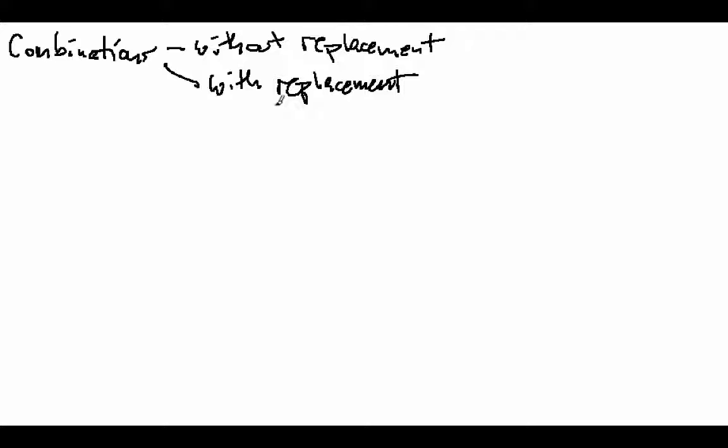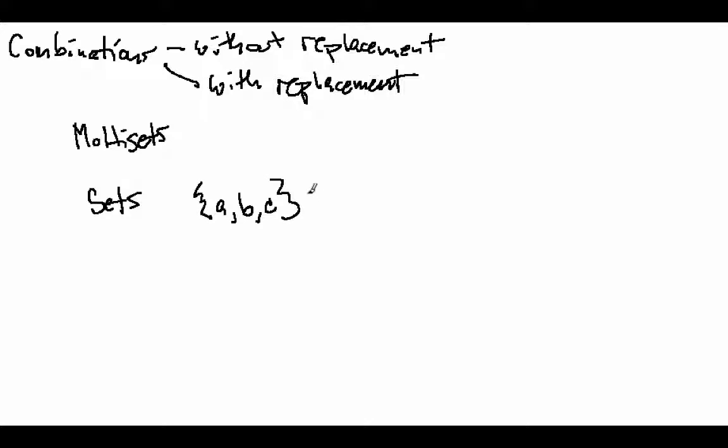Okay? So in other words, your book actually talks about these things called multi-sets. And let's talk about these for a second, and let's contrast them with sets. Now, you know when you have a set, this is equal to this. We know that the order doesn't matter.